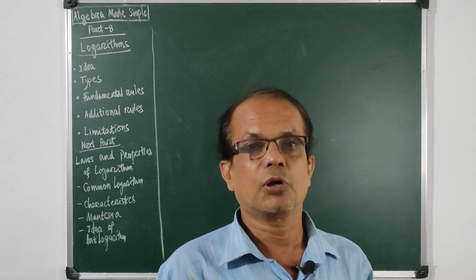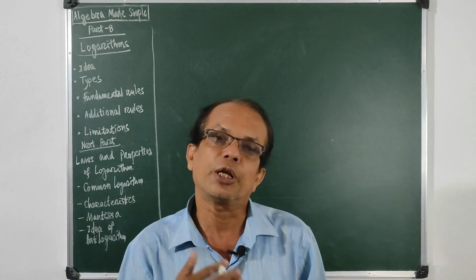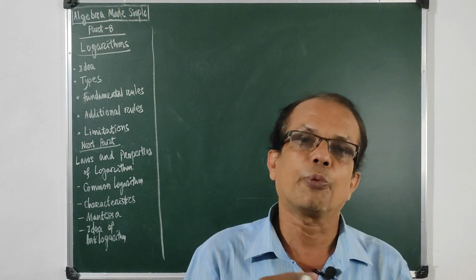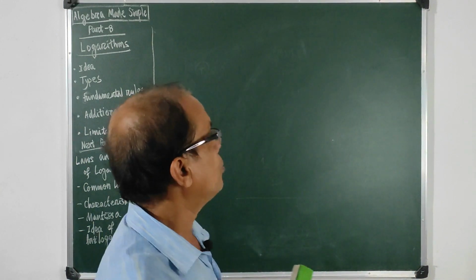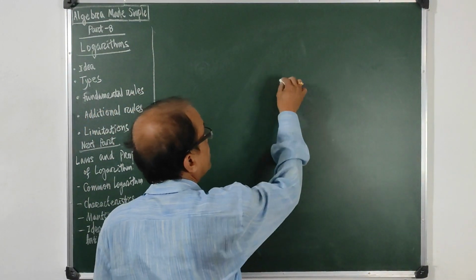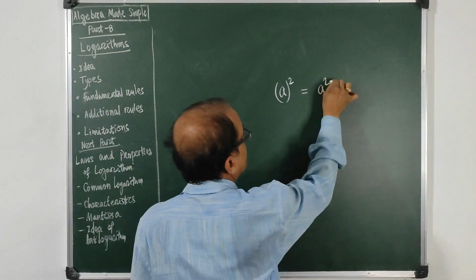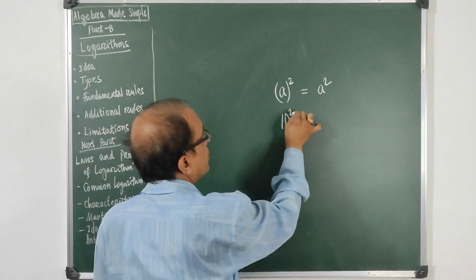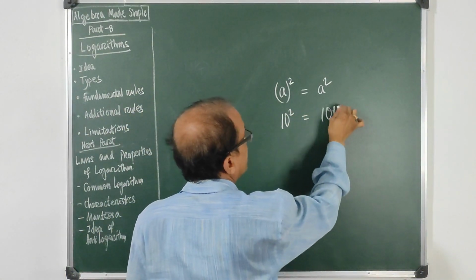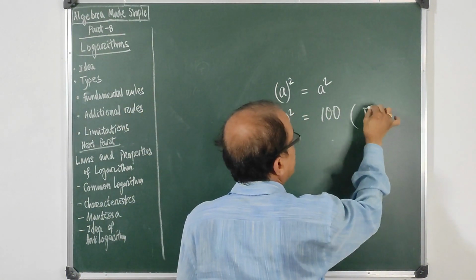What are logarithms? Logarithms are just the inverse approach, the opposite approach to indices. We know when we multiply 10 twice, we get a square, like 10 square is equal to 100. This is the language of indices.